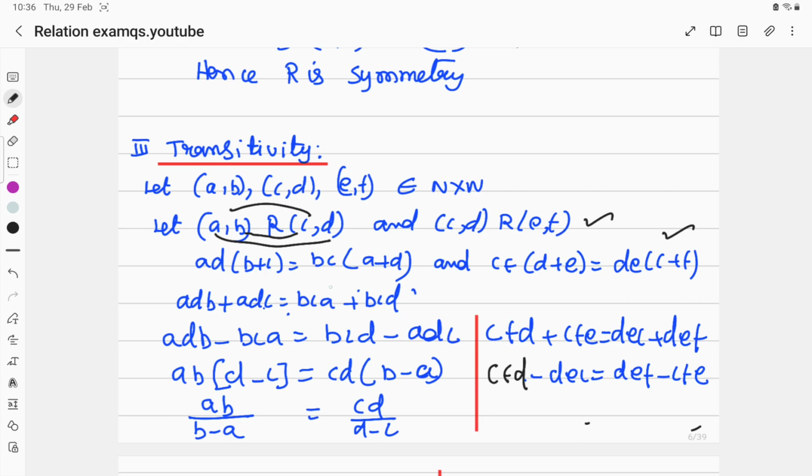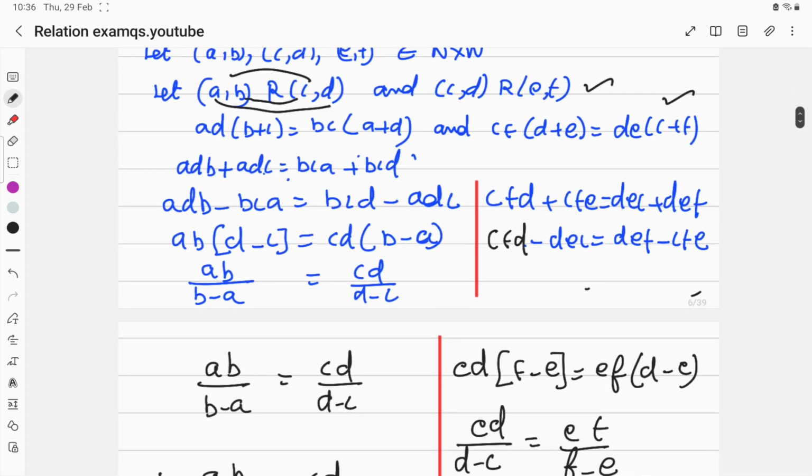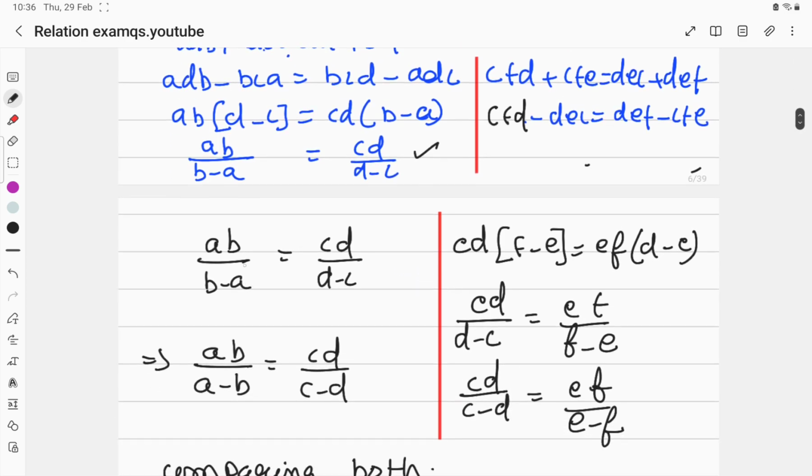So, multiplying both sides and simplifying, we get AB/(B − A) = CD/(D − C), that is AB/(A − B) = CD/(C − D).